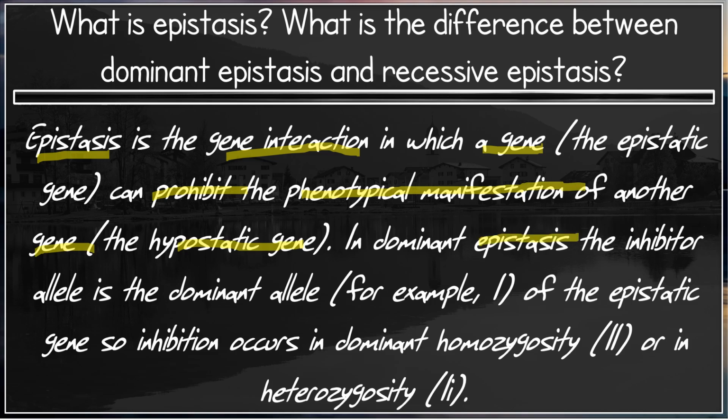In dominant epistasis, the inhibitor allele is the dominant allele. For example, capital I of the epistatic gene, so inhibition occurs in the dominant homozygosity, capital I capital I, or in heterozygosity, capital I small i.